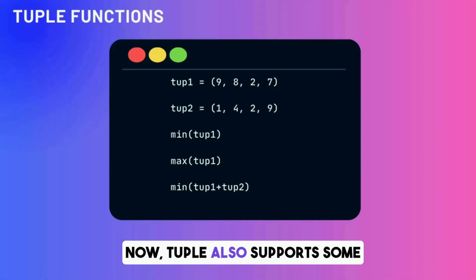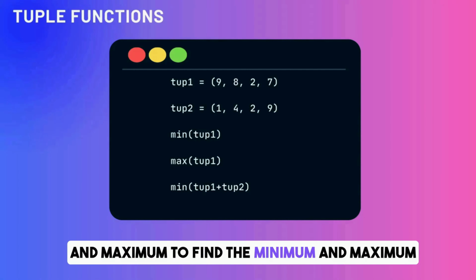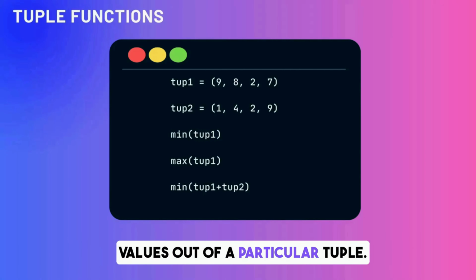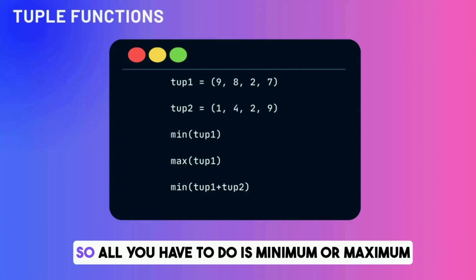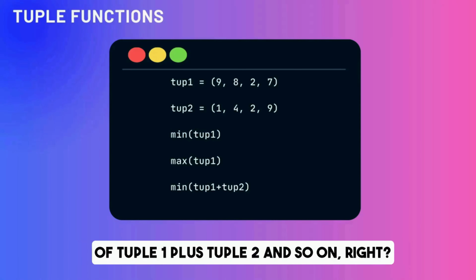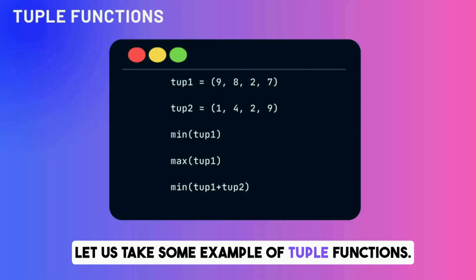Now tuples also support some functions that you can use. For example, you can use minimum and maximum to find the minimum and maximum values out of a particular tuple. Or you can also find the minimum and maximum value out of multiple tuples. All you have to do is minimum or maximum of tuple 1 plus tuple 2 and so on, right? So again, let us take some examples of tuple functions.